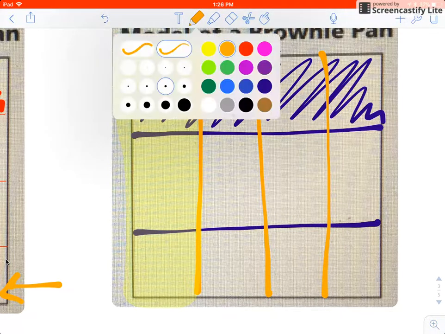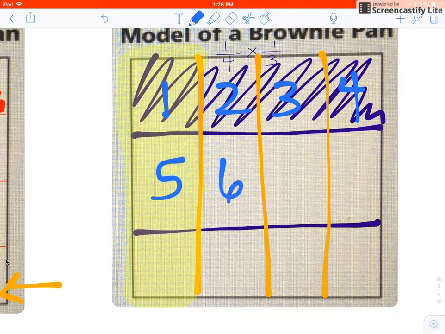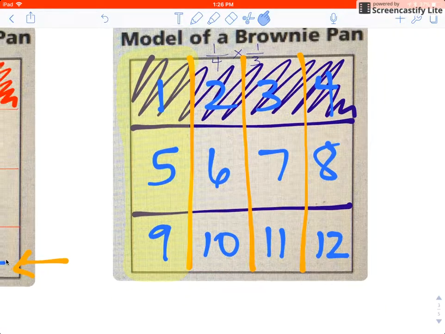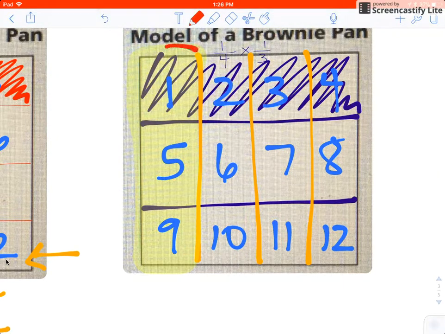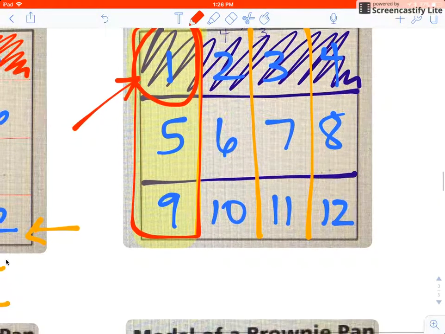Okay, so now we'll figure out how many pieces we just broke our pan into. We broke it into 1, 2, 3, 4, 5, 6, 7, 8, 9, 10, 11, and 12, similar to our last problem. So now we will figure out how many pieces of this brownie pan we actually get to buy. And again, just like the last one, we only get 1 piece since we're buying 1/4 of the pan.